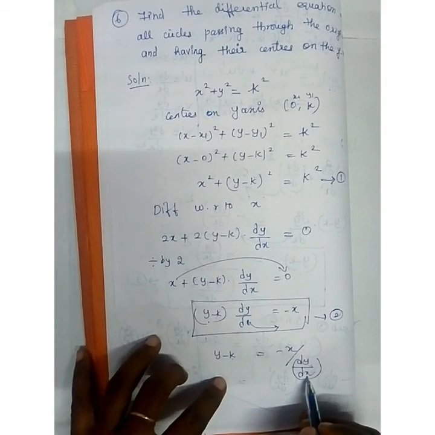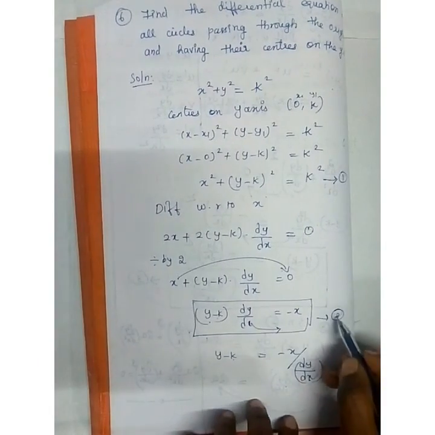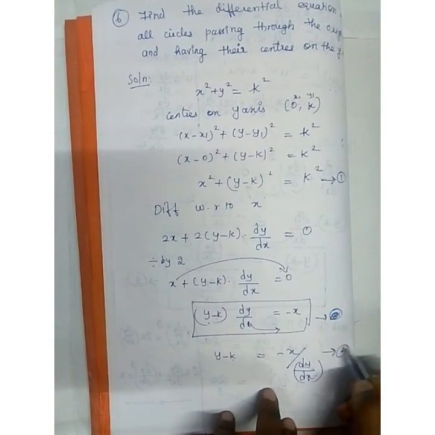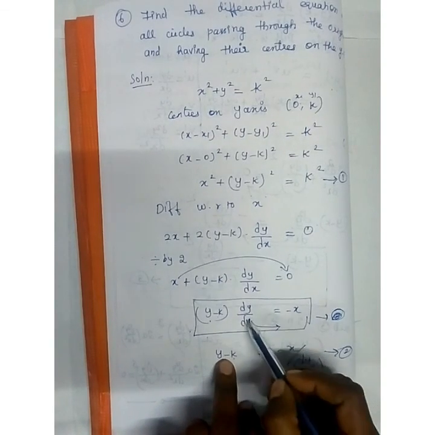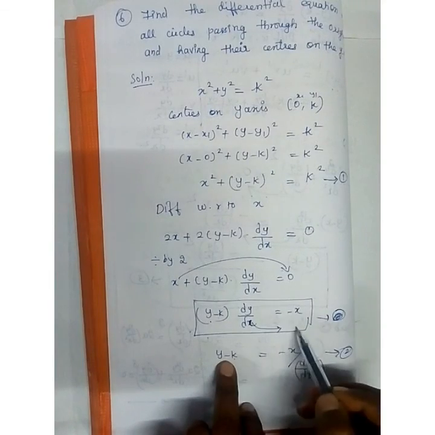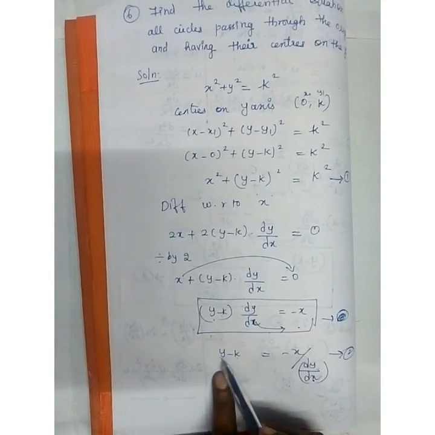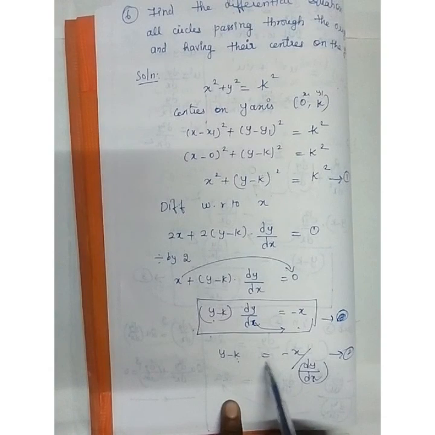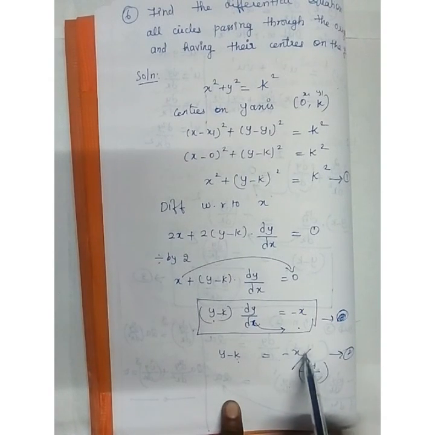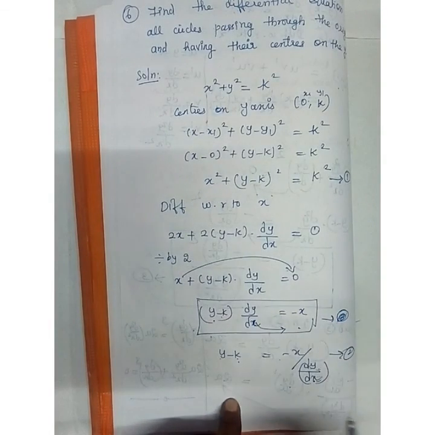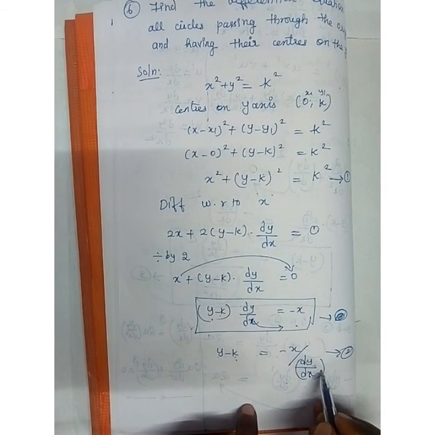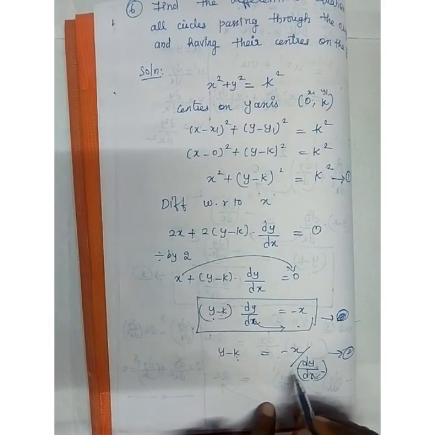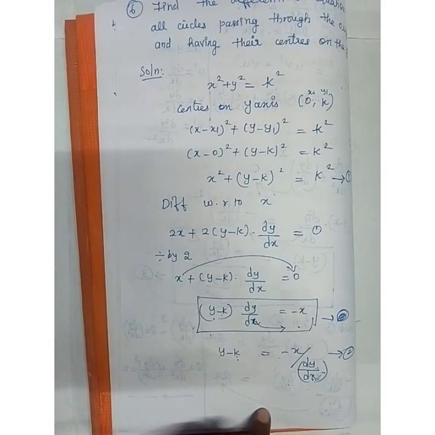Then, not this equation, this one is equation number 2. I have to find only y minus k. In this step we have dy by dx. We don't want this one, so we have to bring it to the right side. So y minus k is equal to minus x divided by dy by dx. This is equation number 2. From this I am going to find the k value.